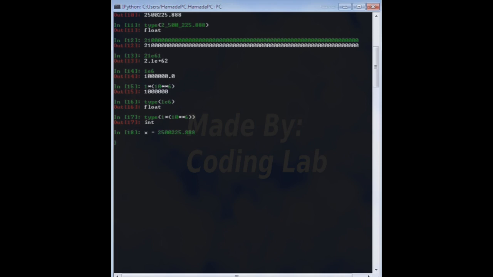This big number can be represented by 2e6. 2 multiplied by 10 to the power 6, this means 2 million, plus 500,225.888, it will be the same result.